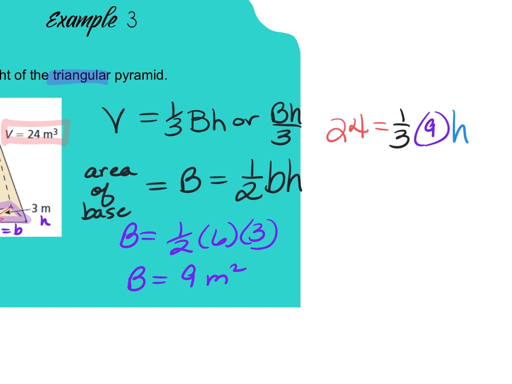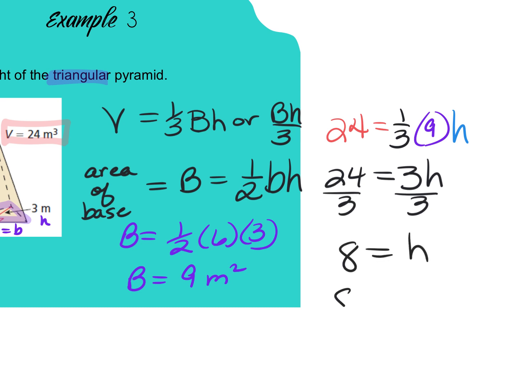So here I could do 1/3 of 9, and I get 3H, and now I just divide 24 by 3, and my height is going to be 8 meters. You could have also multiplied both sides by 3 if you did the divide by 3. Either way, it doesn't matter.